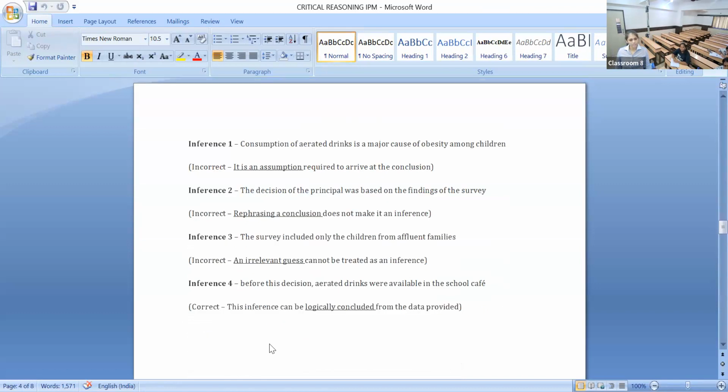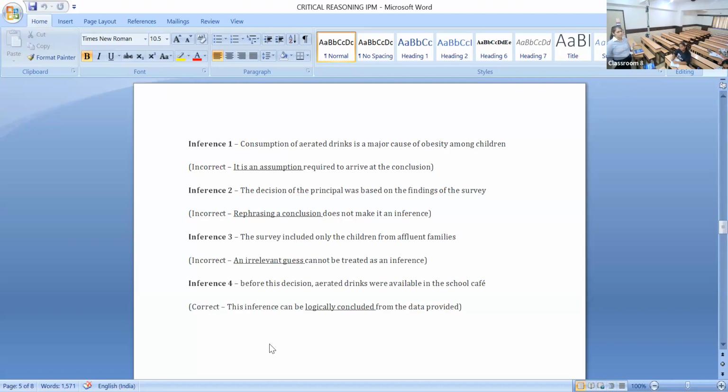So you can see these also. The decision of the principal was based on the findings of the survey. Satvika. Rephrasing a conclusion. That is what the rules we wrote. You are not supposed to rephrase a conclusion to bring out an inference. That's the second part, they're rephrasing things. Third part, the survey included only children from affluent families.